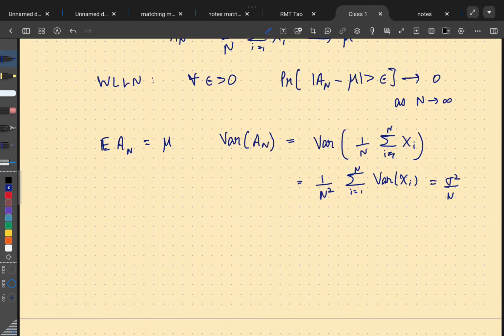Okay, so now I know the mean of An, I know the variance of An. My goal was to bound the probability that An deviates from mu by an amount epsilon. What does Chebyshev's inequality tell us?